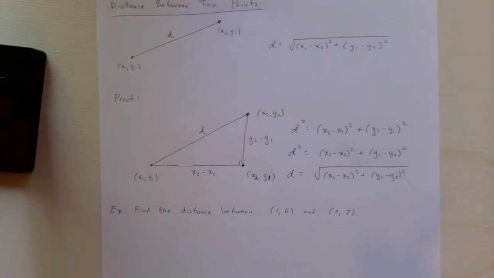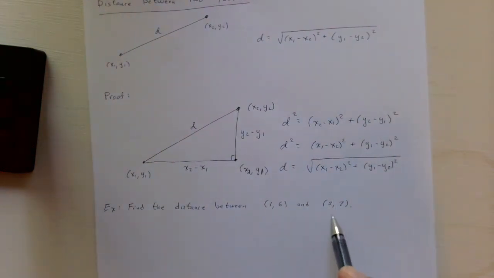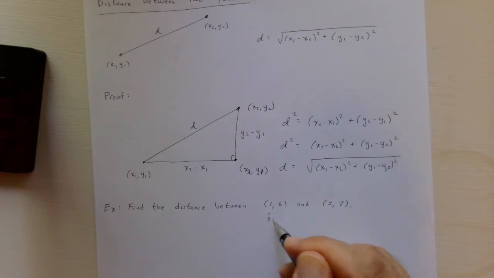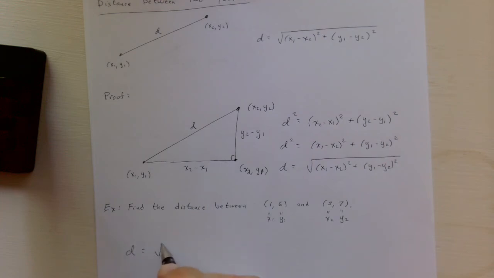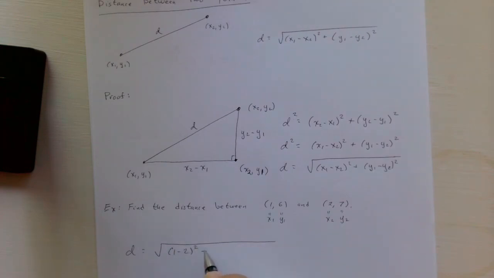So to find the distance between the points (1, 6) and (2, 7), well, our x1 will be 1, our y1 will be 6, our x2 will be 2, and our y2 will be 7. So our distance is going to be the square root of (1 minus 2) squared plus (6 minus 7) squared.